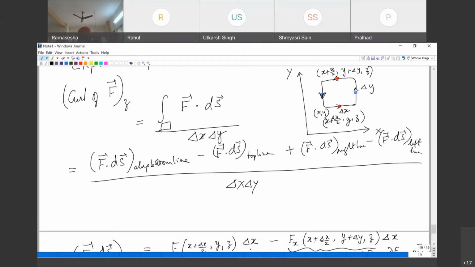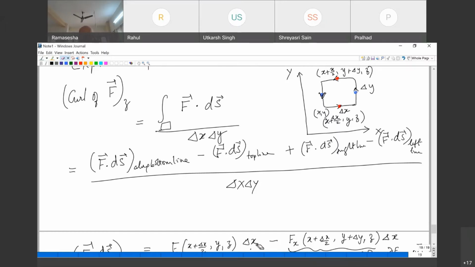So fx at x plus delta x by 2, y plus delta y comma z multiplied by delta x is the top integral. The bottom integral is x plus delta x by 2, y comma z multiplied by delta x.